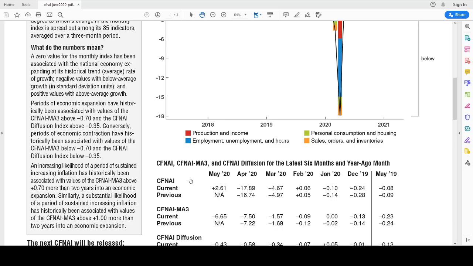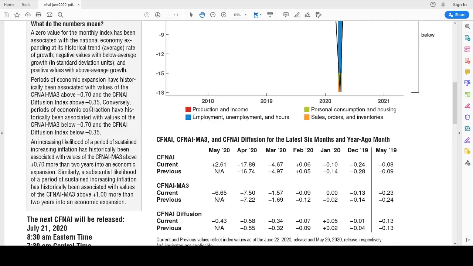However, they also recognize, they being the Fed, that this index is a bit volatile and can give some false positives, potentially like we're seeing this month. So if you look in, it says periods of economic expansion have been historically associated with values of the MA3, or 3-month moving average, above minus 0.70.